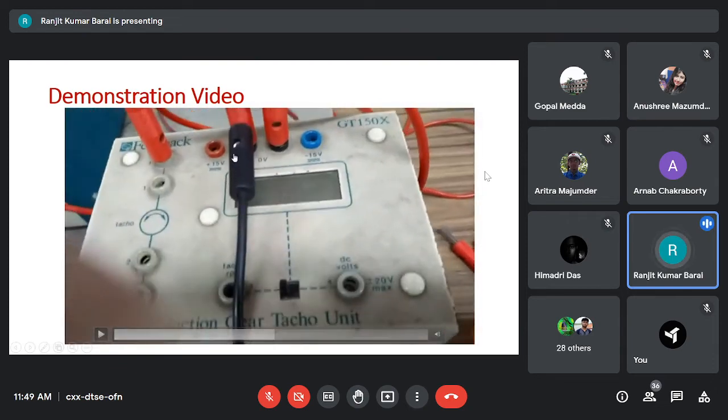Yes, we can measure the output from the DC tacho generator through these terminals. We need to connect one terminal over here and another terminal to ground. Some internal circuitry is there to perform the signal conditioning or signal processing.